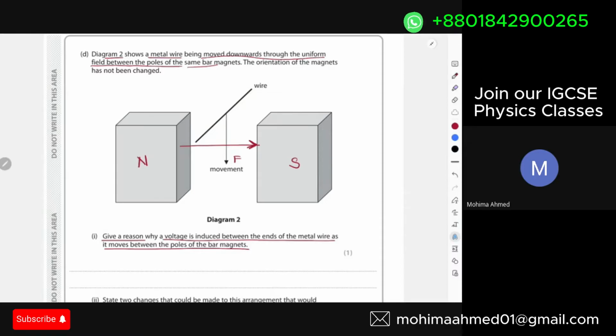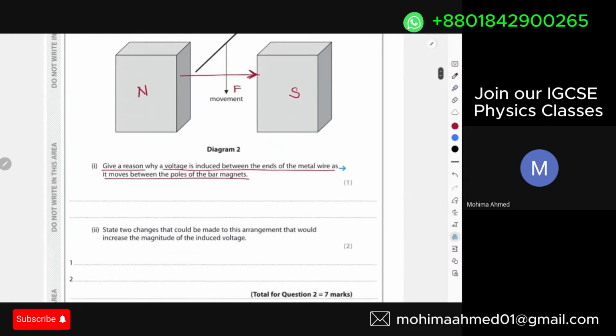If you remember, whenever a conductor is in motion inside a field, obviously an EMF will be induced, right? Electromotive force, that is a voltage, will be induced across the wire. Since they're only giving you 1 mark, I'm not going to write about all these things. I'll just write that because the wire cuts the magnetic field lines perpendicularly, that induces an EMF.